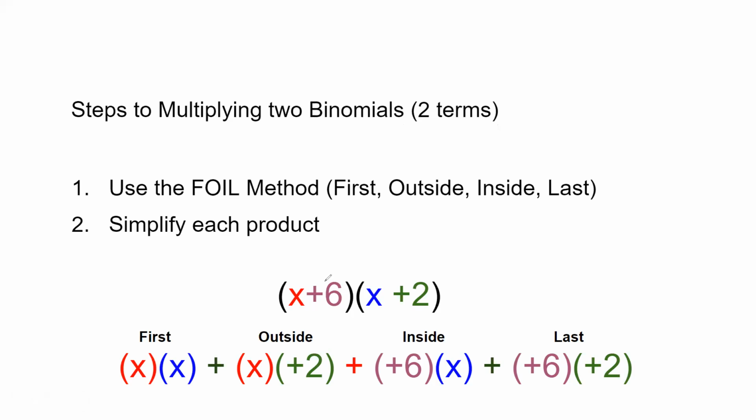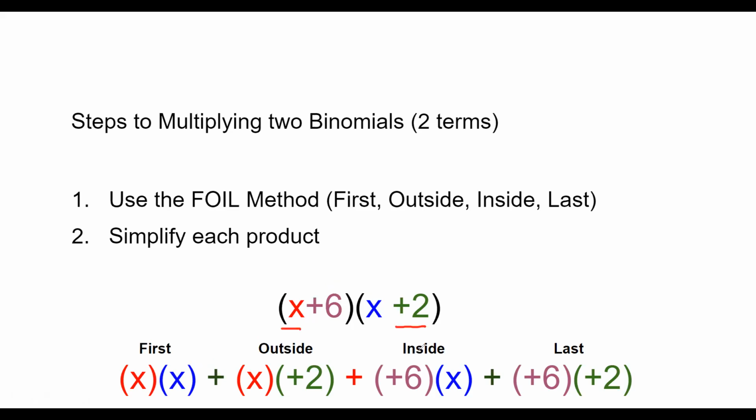These were our outside terms, x and plus 2. Our inside terms, plus 6 and x. And then finally, our last terms, plus 6 and plus 2. And then, of course, we have to multiply each one of those products, simplify, and write our final answer.